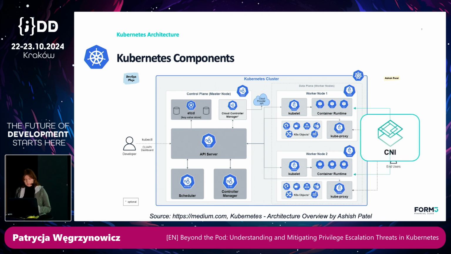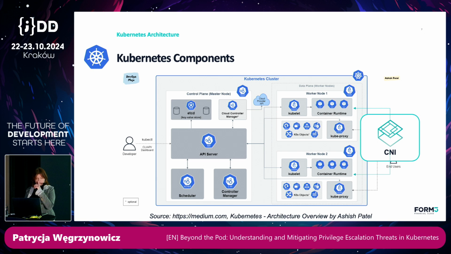Another important thing when it comes to Kubernetes is its networking model. Kubernetes exposes this flat networking model, which basically means that each pod can communicate with any other pod. And we do have CNI here, which takes an important role.